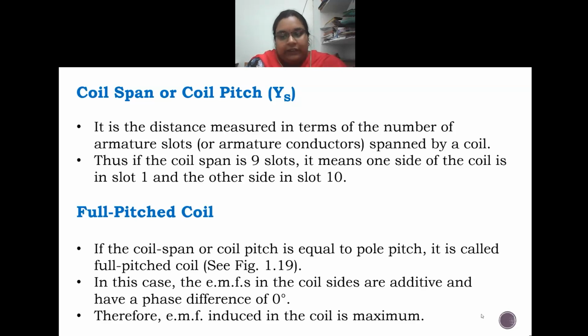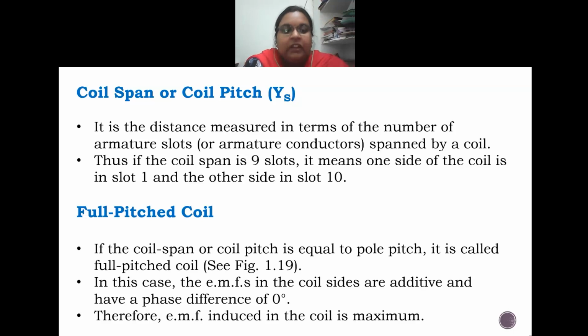So, if you are having a coil and first side of the coil is in one slot and the second side of the coil is in another slot, the distance between these two coil sides is nothing but the coil span or coil pitch. So that is what he is explaining here. Thus, if a coil span is 9 slots, it means that one side of the coil is in slot 1, the other side is in the slot 10. So that is the coil span or coil pitch, which is represented by YS.